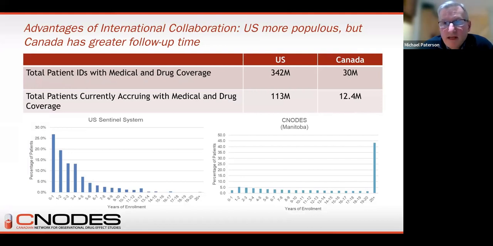Median enrollment time there, with churn and change among insurance systems, is 4 to 5 years. Whereas on the right-hand side, just a snapshot of the follow-up time in Manitoba, where almost 50% of the population has over 20 years of follow-up time. Obviously, there are advantages to that sort of follow-up time, and I think we can work together with FDA to help support questions where that sort of follow-up time, cancer outcomes, for example, might be advantageous for us to be involved in studies.